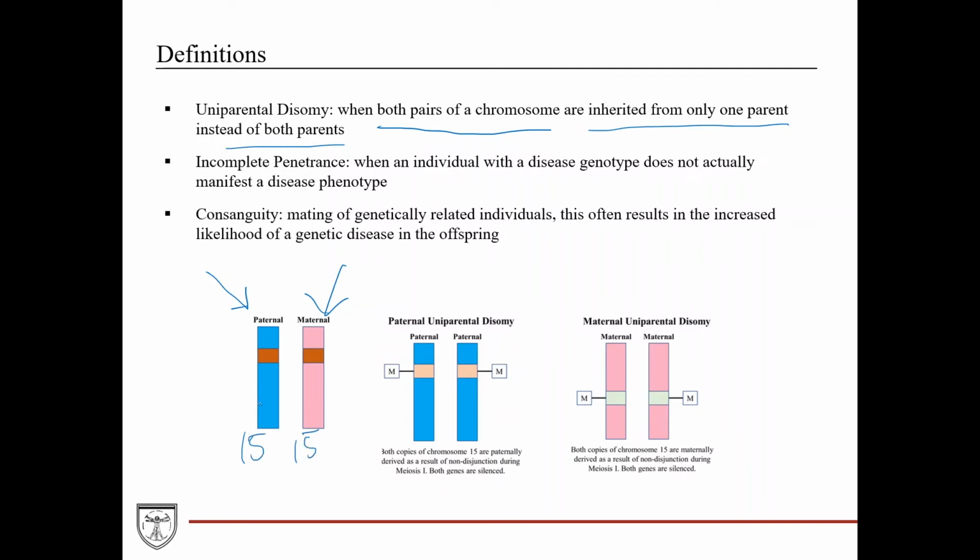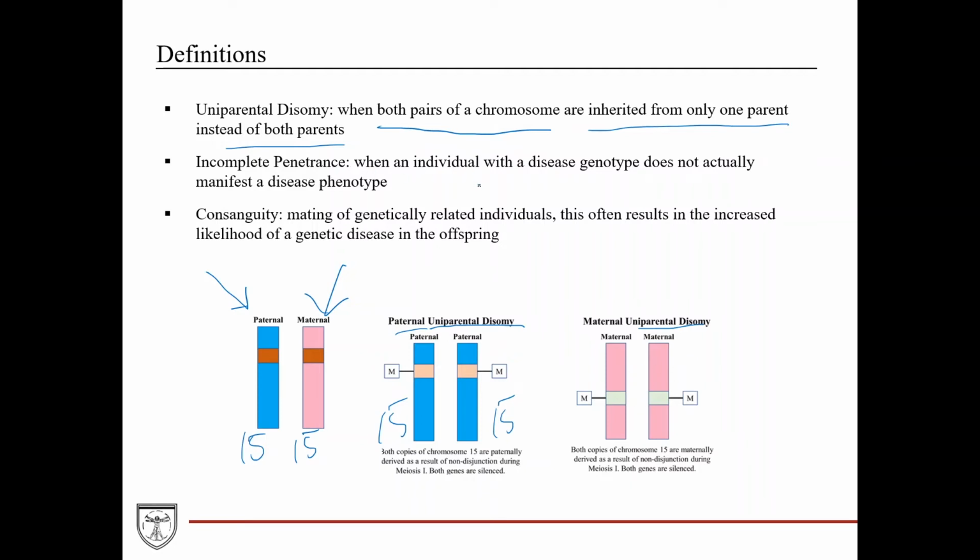You have your paternal chromosome 15 and your maternal chromosome 15. And this is what would be normal. However, in uniparental disomy, you can inherit both copies from your father, which would be paternal uniparental disomy. So you didn't get any copies from your mother. Both of your 15s would be from your dad in this case. And then you can have maternal uniparental disomy, which is where you inherit both copies from your mother. And so you don't have any copies from your dad here.